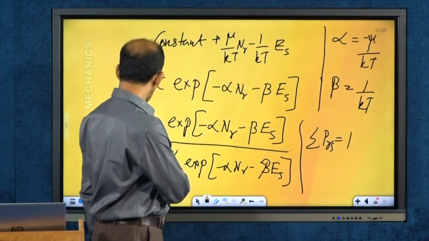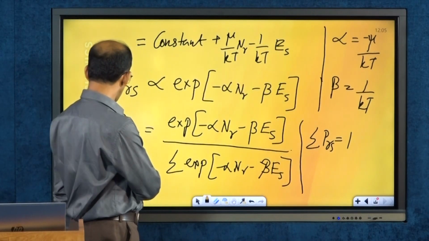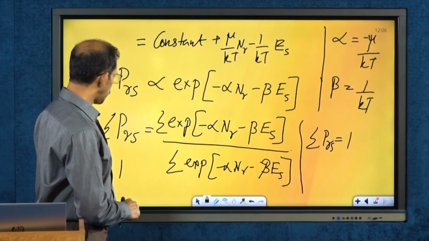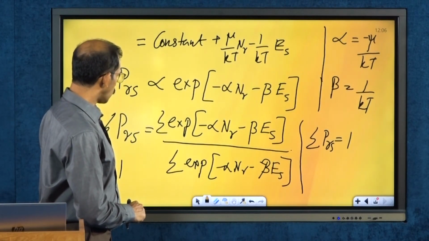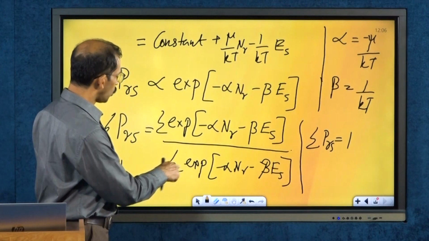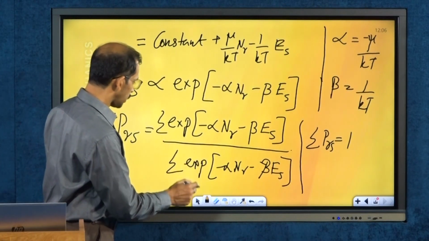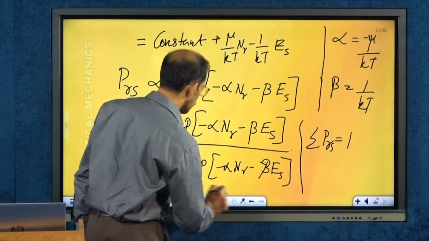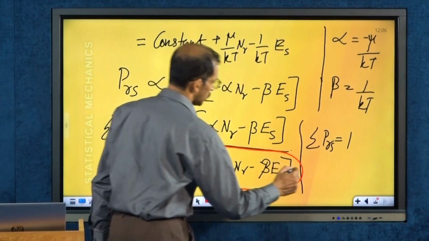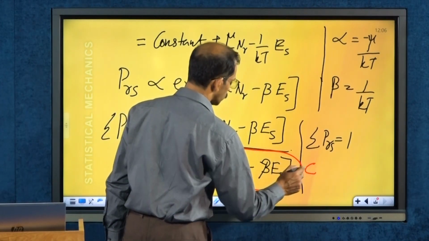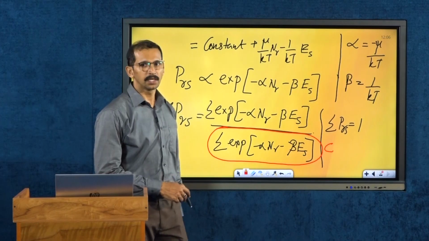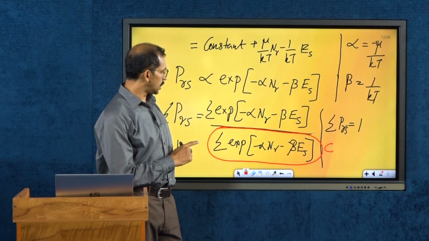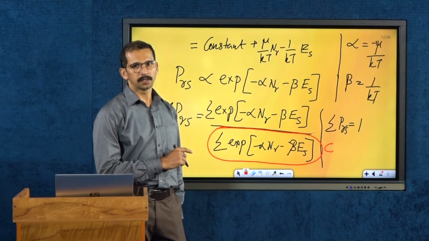So, if I take the summation over here, this will be 1. That means, now I have a constant which is equal to the sum over exponential minus alpha nr minus beta Es, which means that I can take this constant as C. C is equal to 1 by the sum over exponential minus alpha nr minus beta Es. Okay.